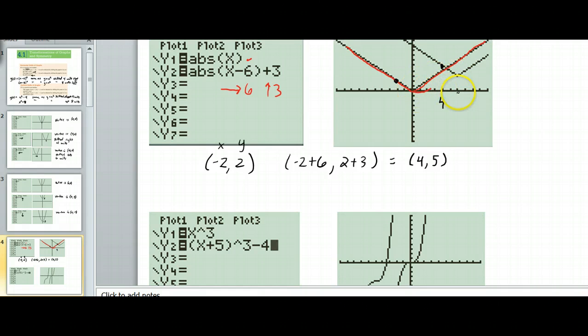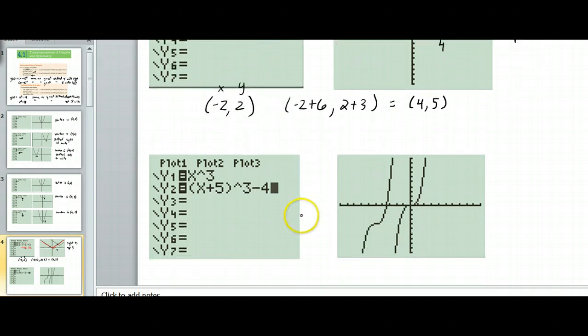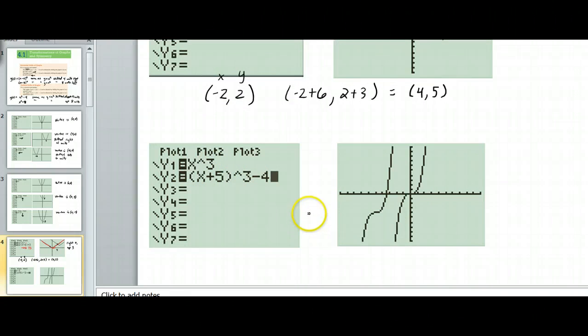So from 0, 0 to 6, 3. Okay? So all these points are on this graph. This new graph by shifting over to the right 6 and up 3. Alright, so that was right 6, up 3.